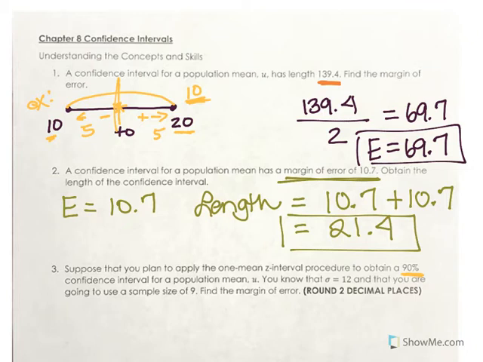You know that the population standard deviation is 12, and that you're going to use a sample size of 9. Your question is slightly different. I want you to find the margin of error. I don't want you to find the whole confidence interval. I just want to know the error.